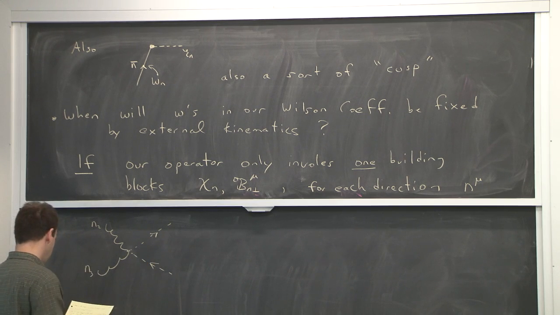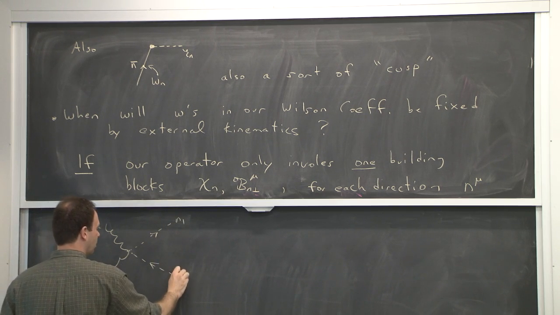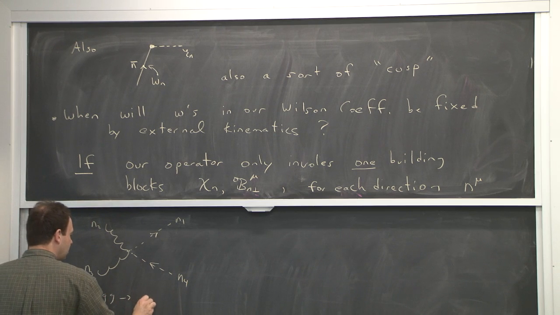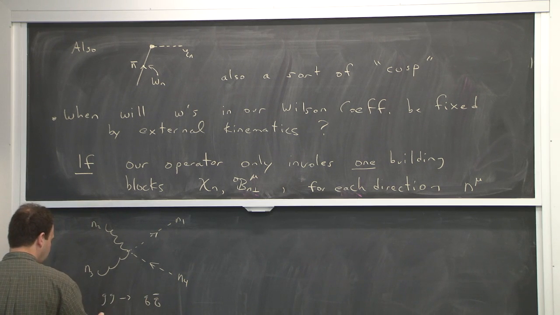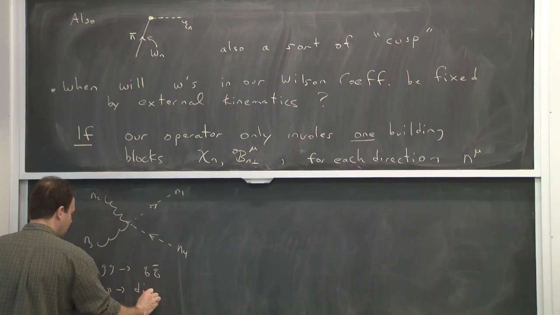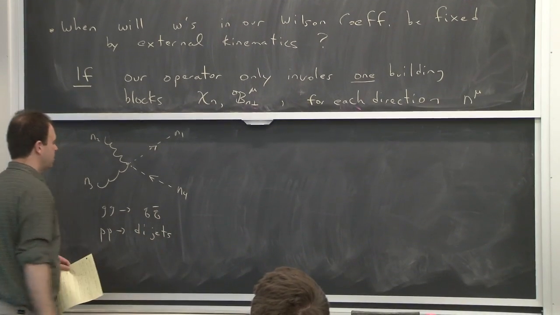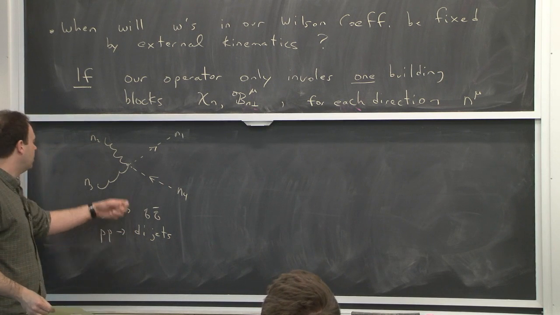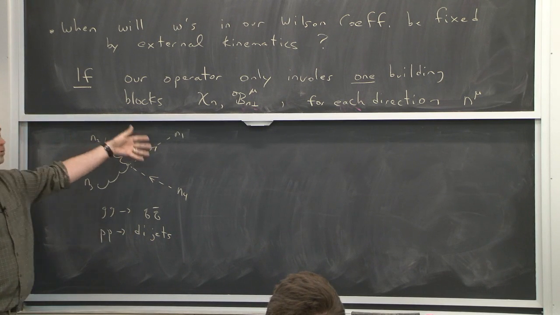So they're also 2 different directions, which I can call n1 and n4. So this process of glue glue goes to q qbar, which is really pp goes to dijets. As long as those dijets are well separated from the beam axis, which is the case we're interested in, then we have this situation where we have 4 different n's.